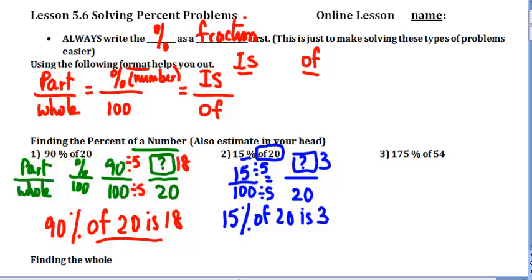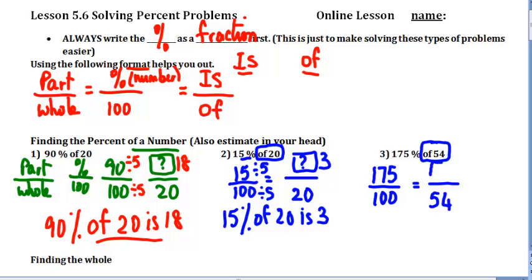Now this is a little bit tricky of the lot, so let's set this up. I have 175 over 100, again because that's the percent fraction. Of is the whole, so I have equals 54.